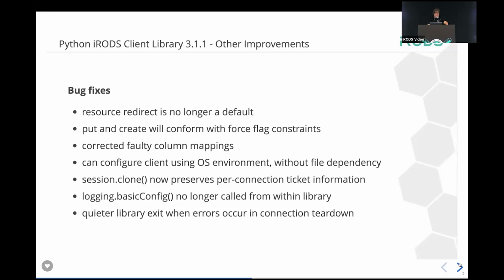I don't think it had terrible ramifications, but probably more ramifications to efficiency of the client. Now the library no longer calls a setup function for logging. That's really the place of the application to do. And we also have a quieter exit to the Python interpreter when it's tearing down objects at the end.